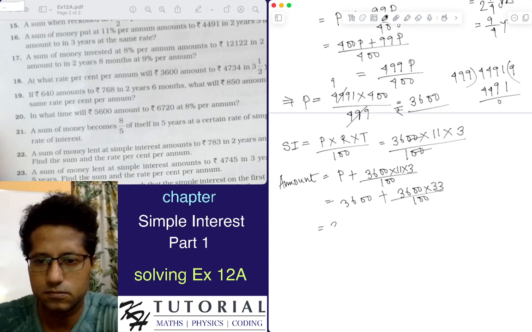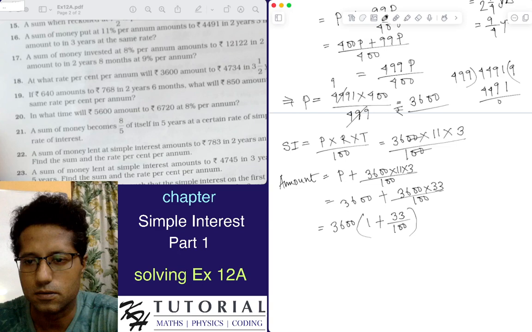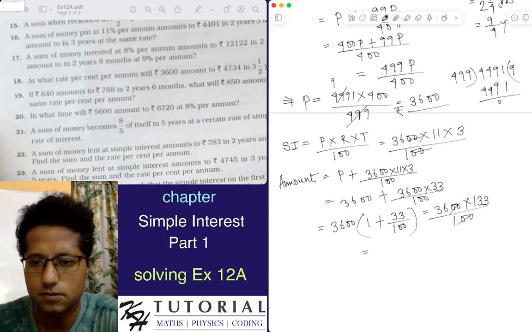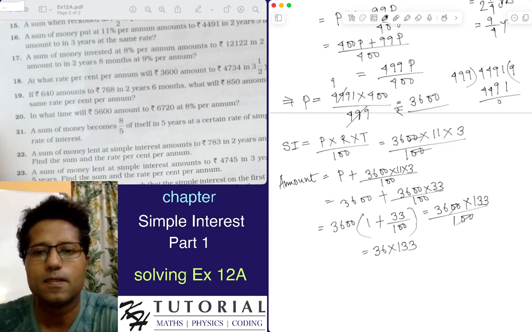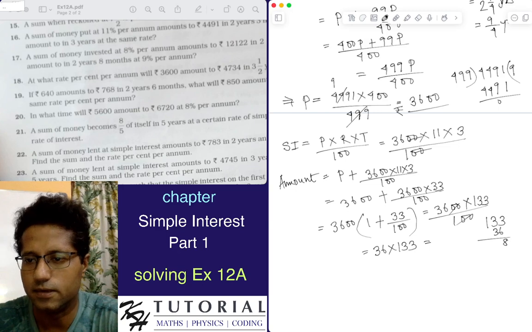Now you can take 3600 common and we get 1 plus 33 by 100. This is equal to 3600 into 133 divided by 100. So the 100 and 00 cancel out, and this is 36 into 133. So this is the amount and we have to calculate it.